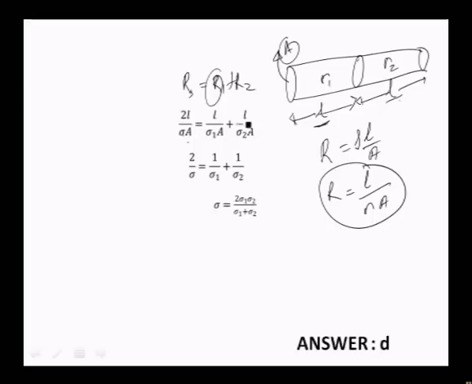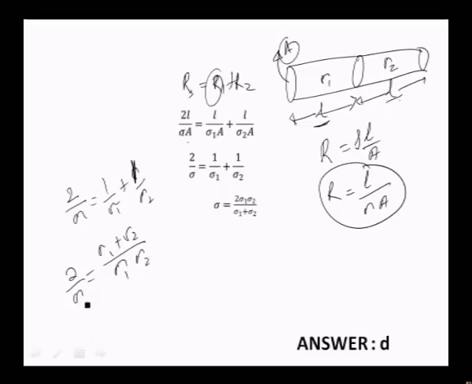Here the length is the same, the area is the same, so take them common and cancel, and we get 2 divided by sigma equals 1 divided by sigma 1 plus 1 divided by sigma 2. Now by simplifying, that is sigma 1 plus sigma 2 divided by sigma 1 sigma 2, that equals 2 divided by sigma.